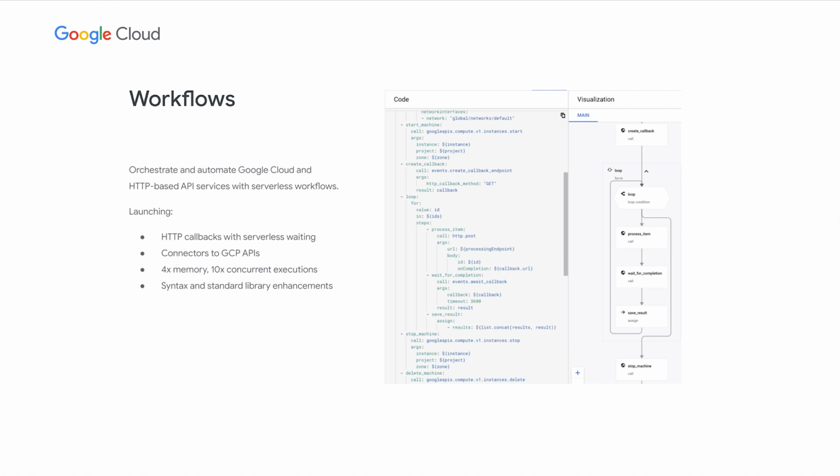So Workflows has added a few new features. First, the ability to use HTTP callbacks, the ability to connect to many Google Cloud APIs. It has increased the memory as well as the number of concurrent executions. And there were many syntax and library enhancements.